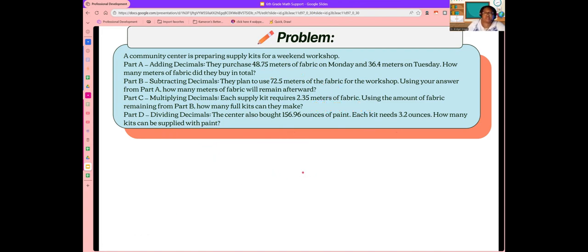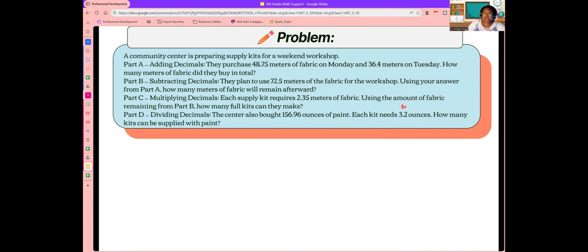So we have 156.96 being divided by 3.2 because we're trying to see how many equal groups of 3.2 can go into 156.96.